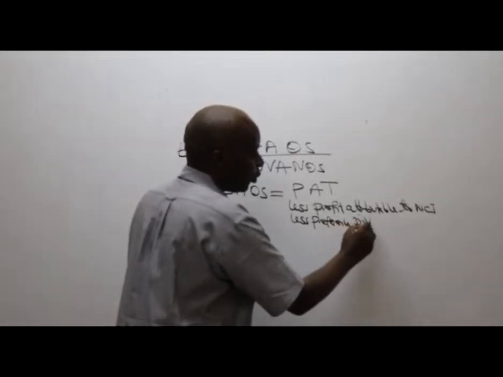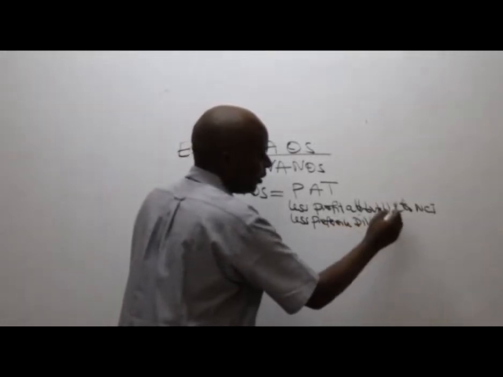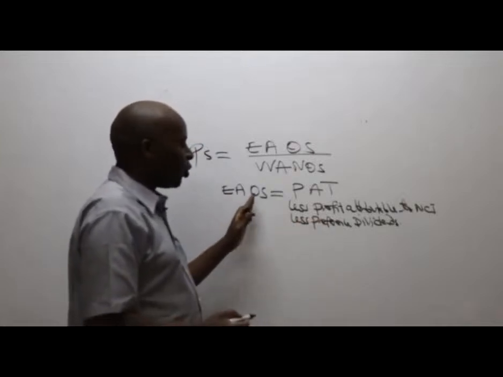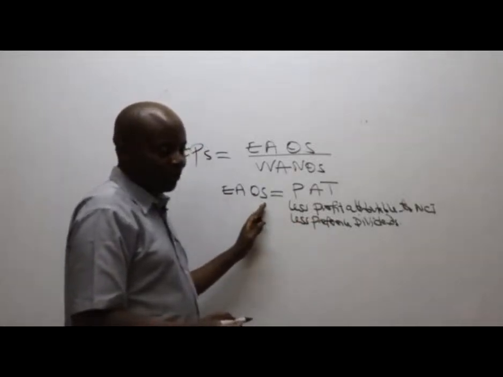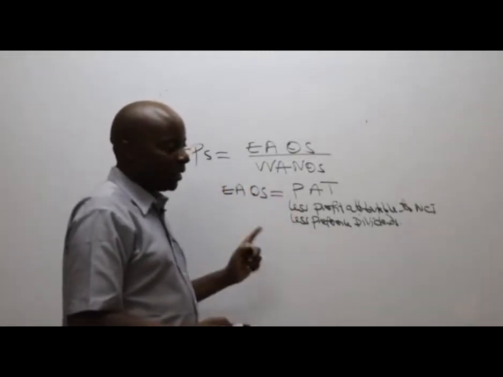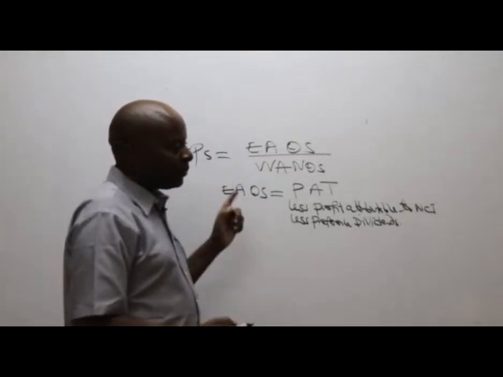It is very important for us to get used to this. This is how we calculate our earnings attributable to ordinary shareholders. So you take the profit after tax that has been reported.